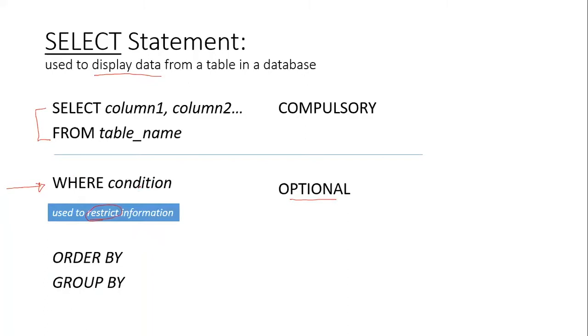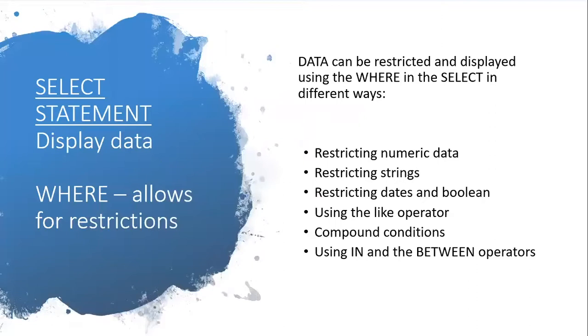The where clause contains a condition, and in the next few slides, we will focus a lot on the types of conditions you can have when writing it up. We will focus on how to restrict numeric data in the where clause.